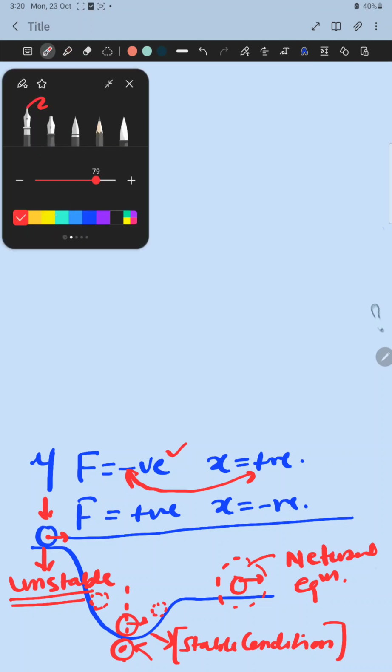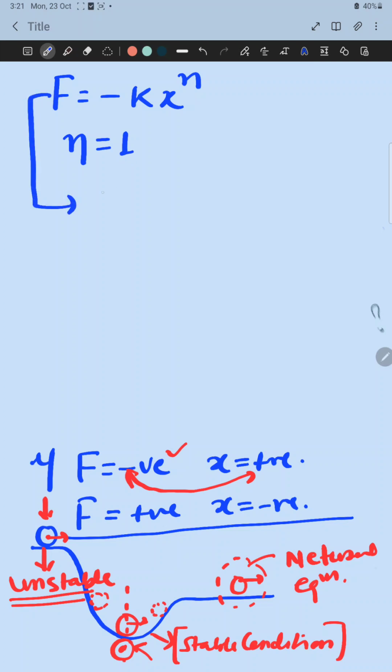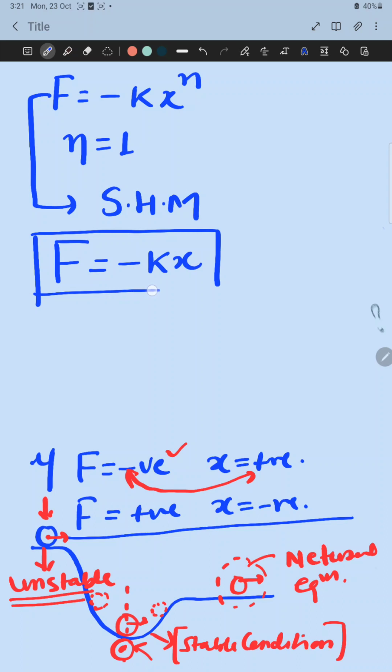Now what I am going to do is introduce a condition for F is equal to minus kx to the power n, where n is equal to 1. Always remember, n is equal to 1. This oscillatory motion equation will become simple harmonic motion. So here we can say F is equal to minus kx. This is the primary equation of force for SHM.